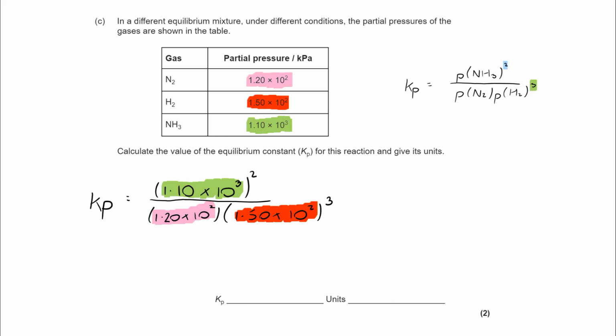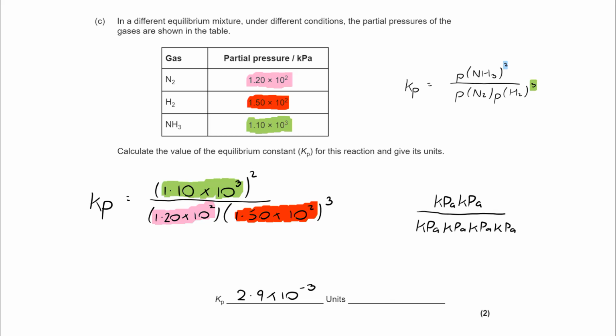And once again, I've colour coordinated so you can see precisely why we've put each number where we have. That allows me to do what's a relatively straightforward calculation to get to my Kp value of 2.9 by 10 to the minus 3.